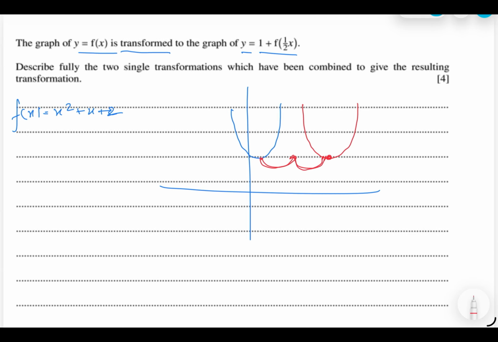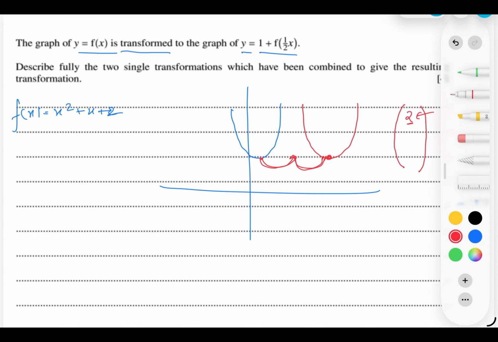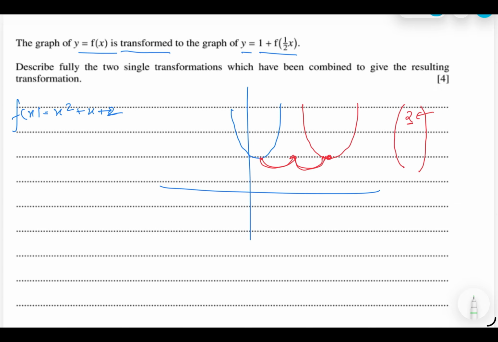Yes? So how do I name this translation? Like this, 2. I have to write over here the horizontal movement. Now, if this function also moved vertically and it has reached over here, so it has moved 1 up. Vertically it has moved 1 up, so I will write like this.